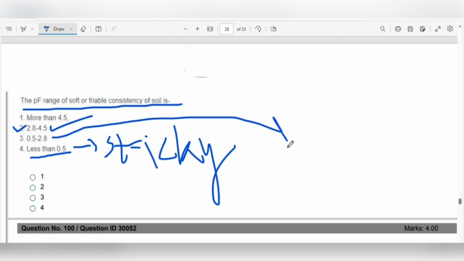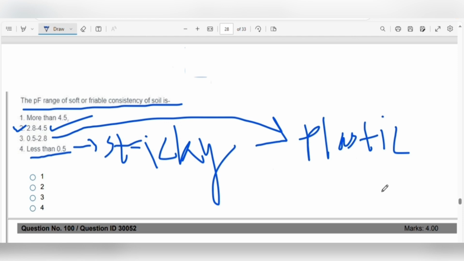0.5 to 2.8 is plastic consistency. I think you know what is plastic. Plastic means the ability of the soil to retain a deformed shape, which was initially deformed by applying an external force, but the soil still retains that deformed shape even after the force is removed.